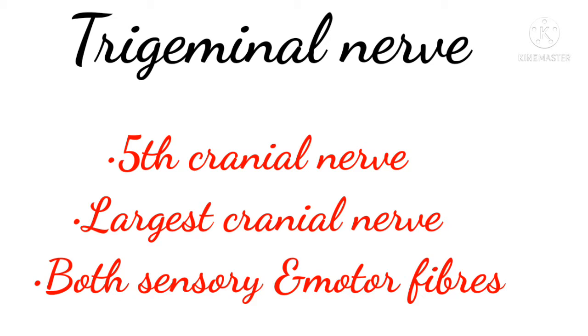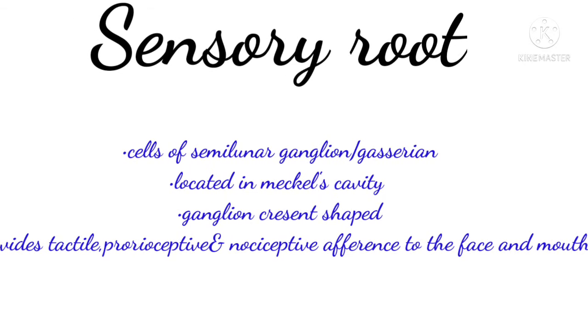Trigeminal nerve is the fifth cranial nerve and it's the largest cranial nerve. It contains both sensory and motor fibers. Trigeminal nerve is attached to the lateral part of the pons by its two roots, which are motor and sensory, and enters the middle cranial fossa.